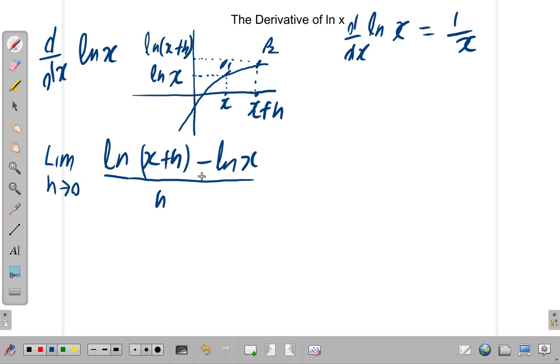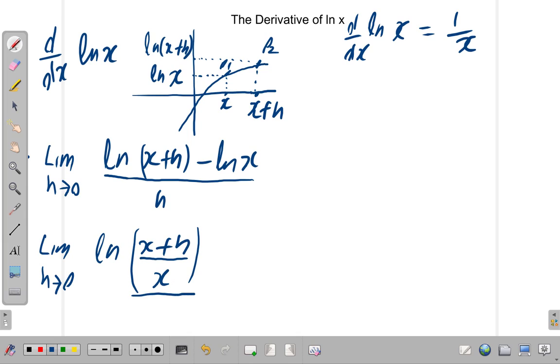Now, one of the properties of logarithms is that the log of one number, in this case this, minus the log of the next number is equal to the log of this number divided by this number. So let's see. We're looking at the limit as h tends to 0 of ln of (x plus h) divided by x, all over h.